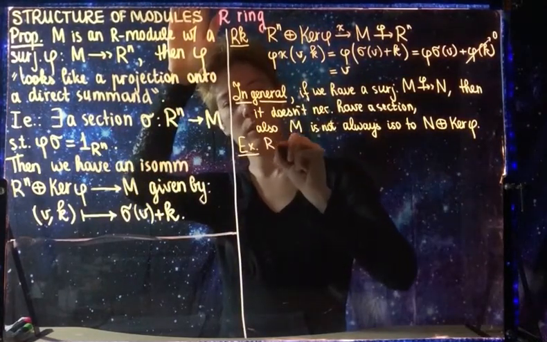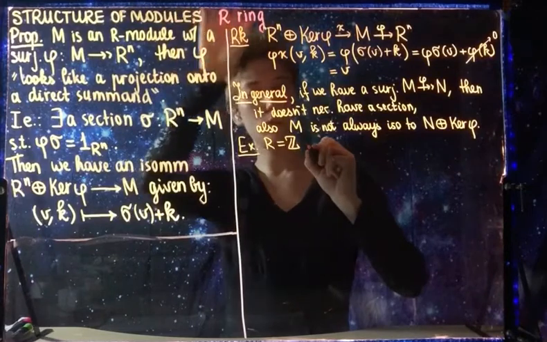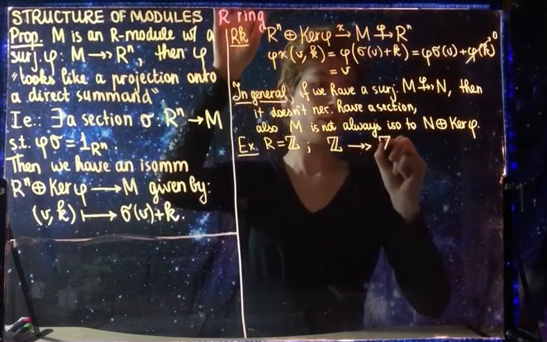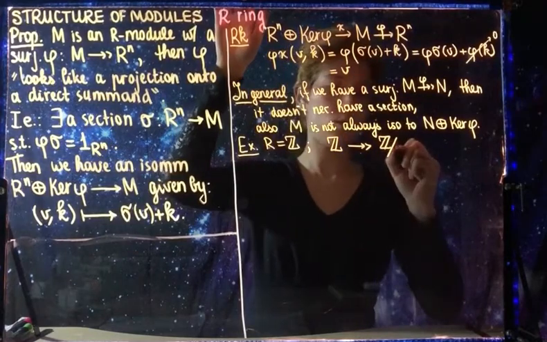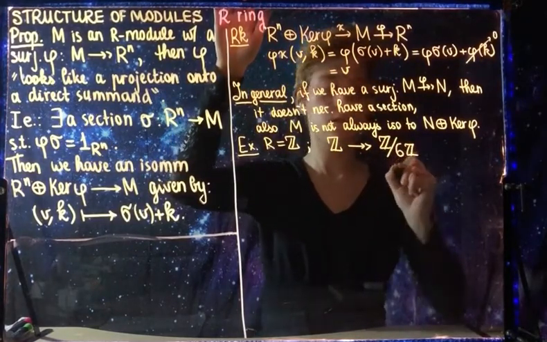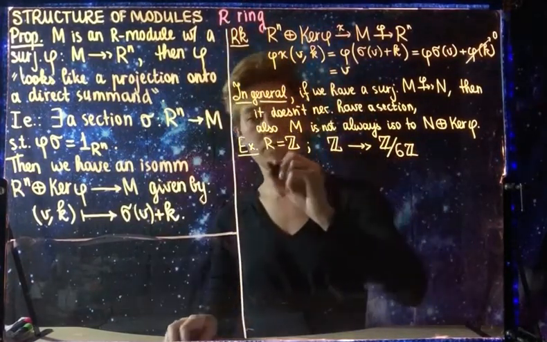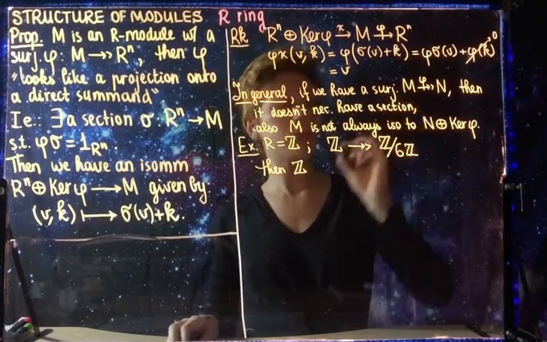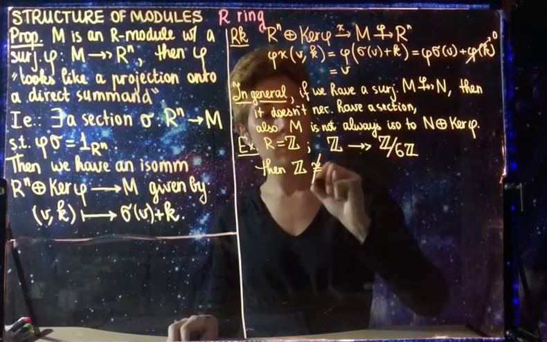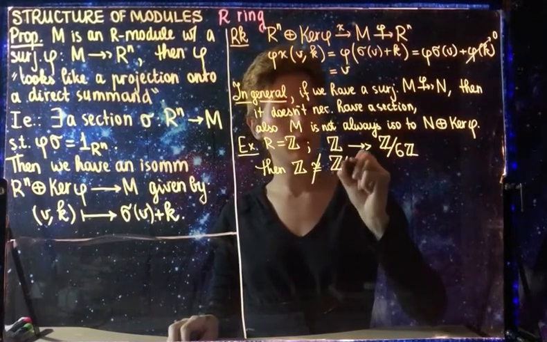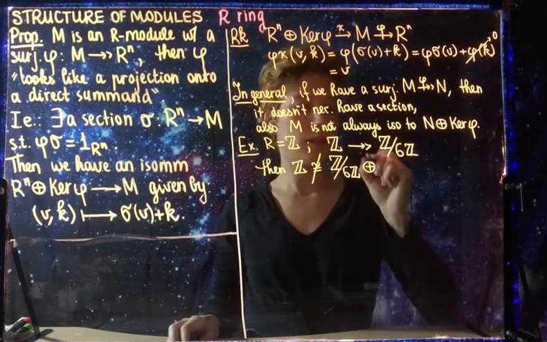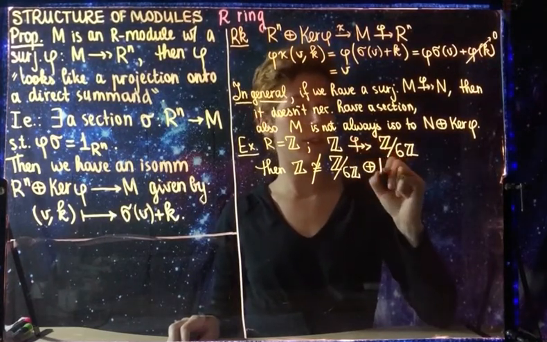For example, let's take Z modules and let's take the quotient homomorphism Z goes to Z mod 6Z. Then Z, which plays the role of M, is not isomorphic to Z mod 6Z plus the kernel of this homomorphism phi.